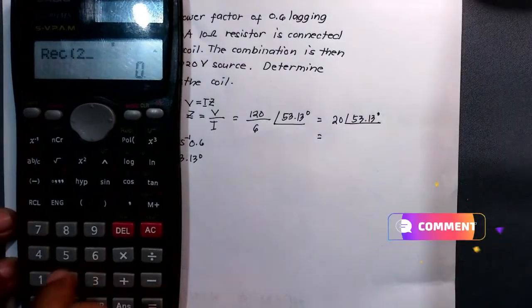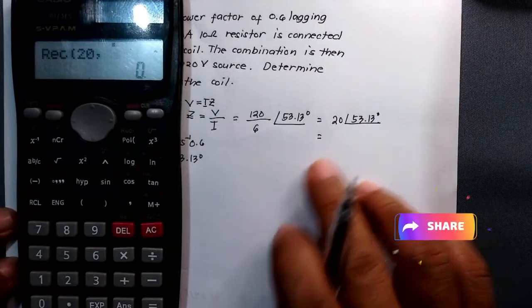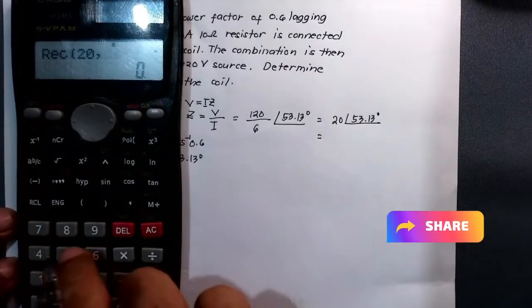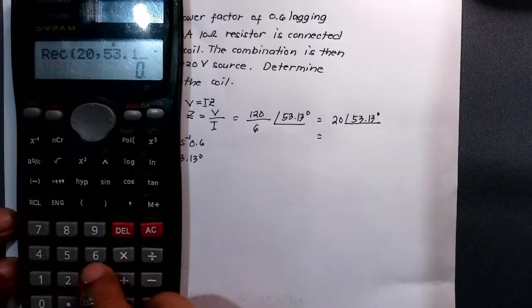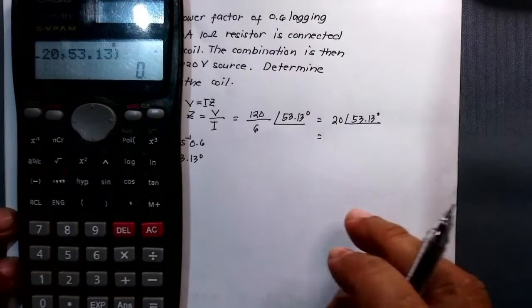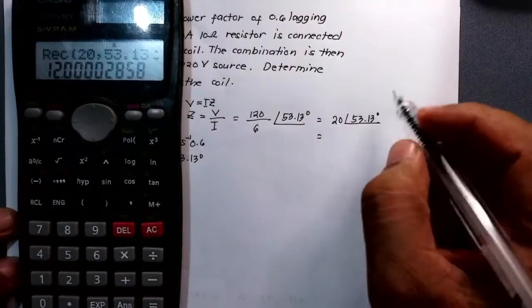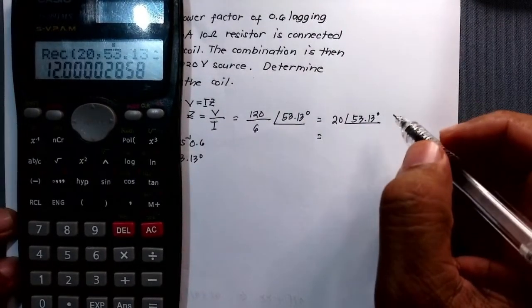So rectangular. This is how I press it on this calculator. In your calculator, it may be a different way of pressing it to get the value for the rectangular part.